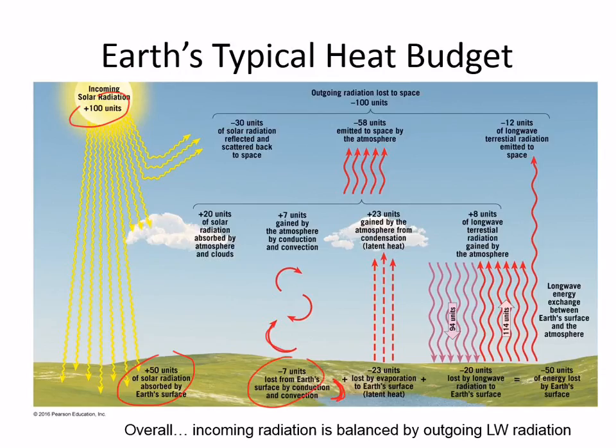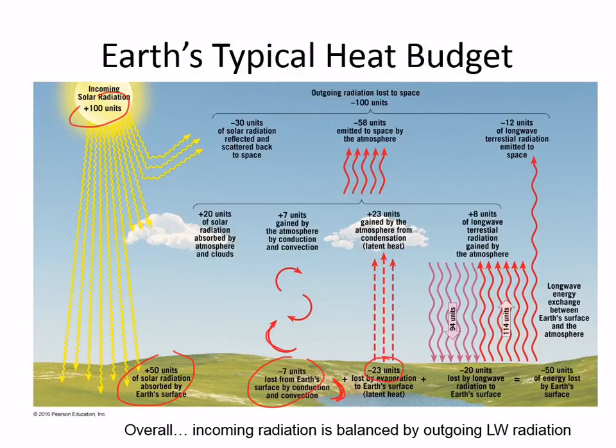It's also going to lose 23 of those units it absorbed, 50 units it absorbed, by evaporation, latent heat, because we said evaporation requires heat, right? Evaporation requires heat. So actually it's going to rob some of Earth's energy to go ahead and evaporate, maybe from the oceans, the large bodies of water.